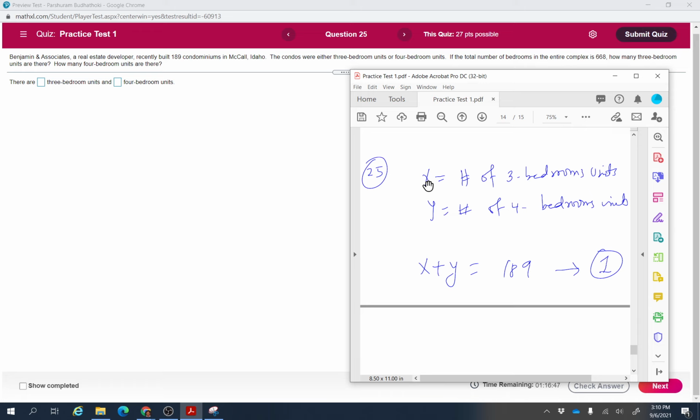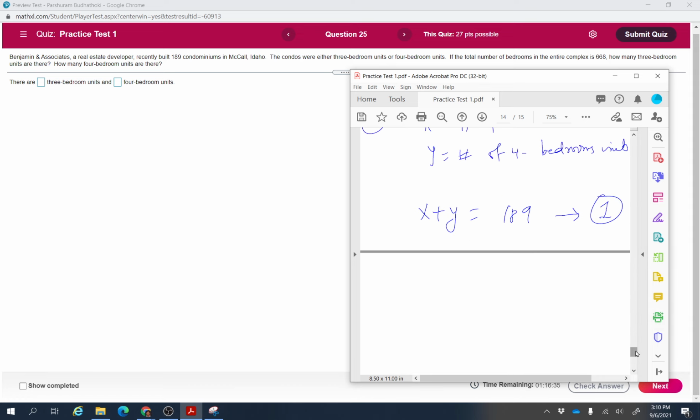That gives you the total bedrooms coming from 3-bedroom units. 4 times y gives you the total bedrooms coming from the 4-bedroom units. So altogether 3x plus 4y is 668. That's equation 2.